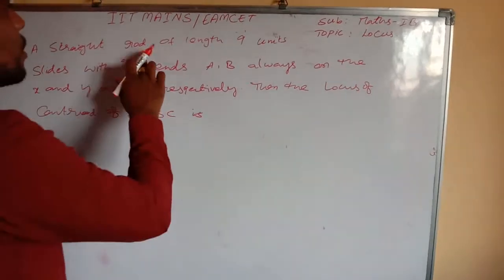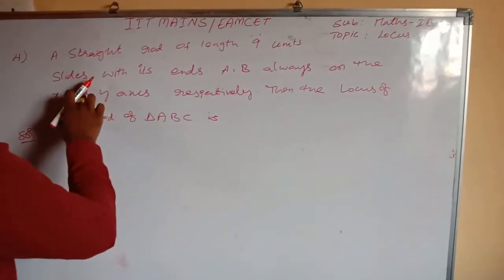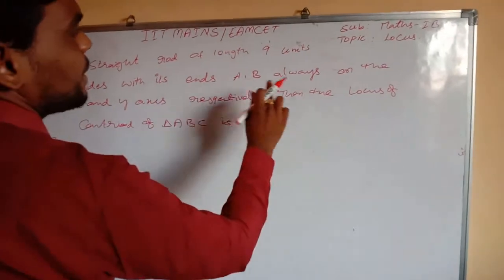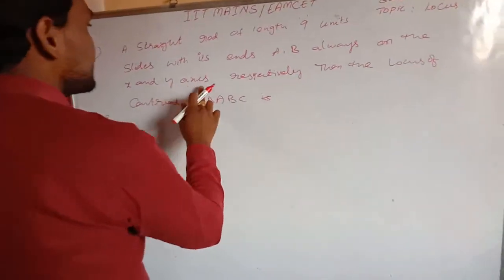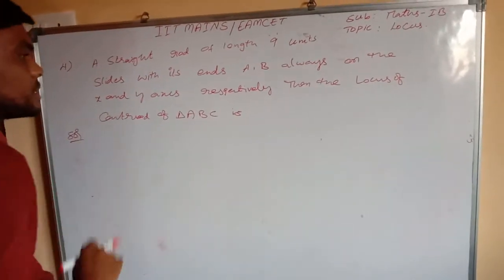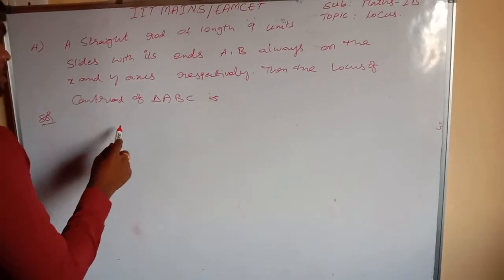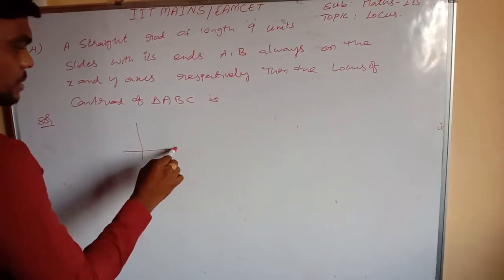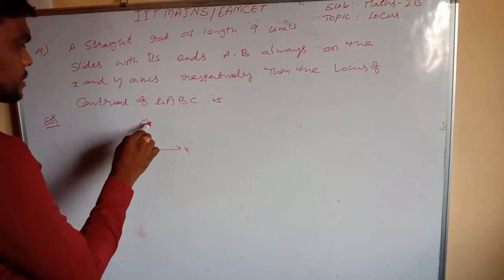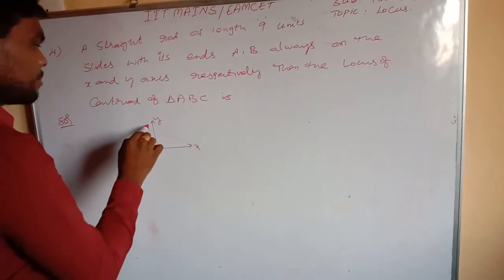A straight line rod of length 9 units slides with its ends A and B always on the x and y axis respectively. Then the locus of the centroid of triangle OAB is the most important bit. Let us take the coordinate axes: this is the x axis and y axis, and the origin.